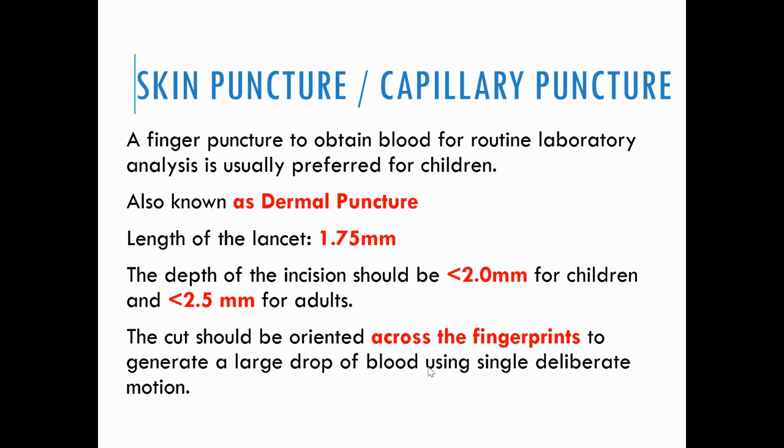The cut should be oriented across the fingerprints. If you notice the lines on your fingers, observe them, and puncture with your lancet across them. It will generate a large drop of blood, a ball of blood. If the puncture is right, a perfect ball of blood is seen. So don't worry guys, I'll be showing you a video where I perform a capillary puncture.